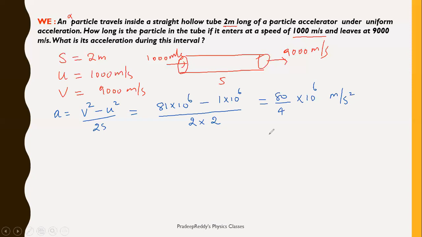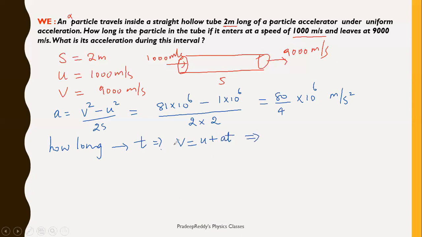And now, how long is the particle in the tube? Now you are supposed to tell how long. How long means you should calculate time taken. Now finding this time taken, you can use the relation v is equal to u plus at.